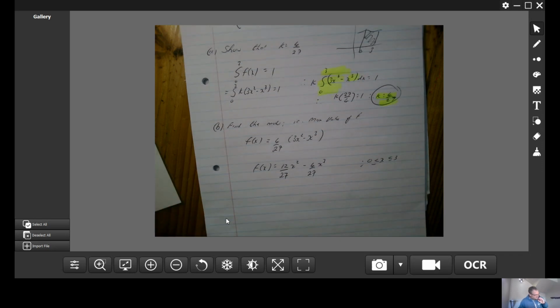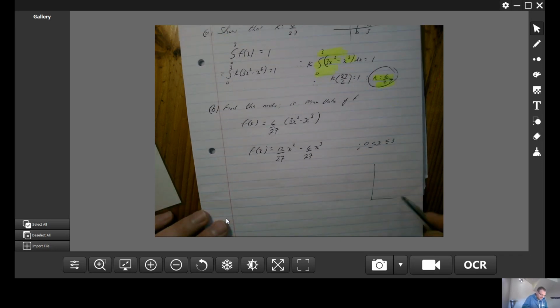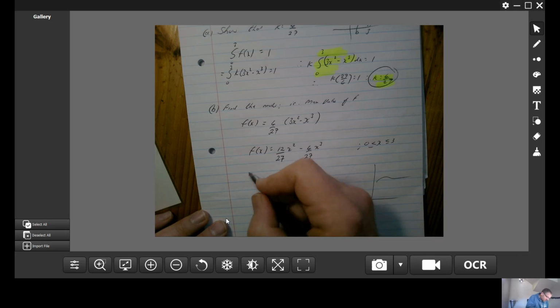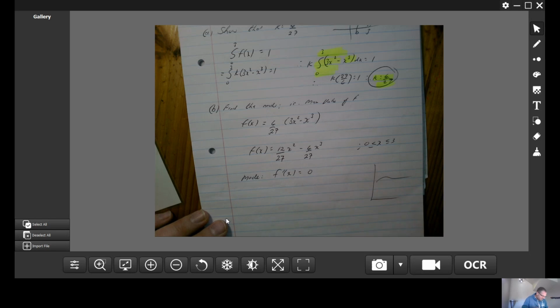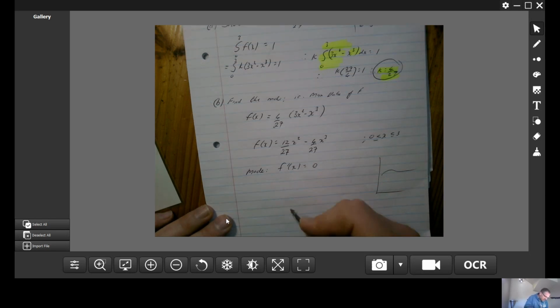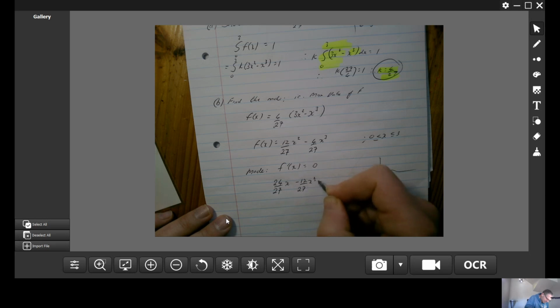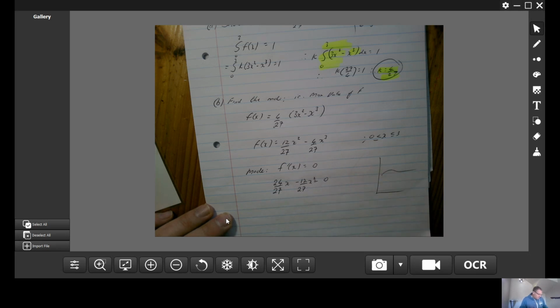Now the mode is where the maximum value occurs, so I need to find where the derivative is equal to 0. The mode will be where f dashed of x is equal to 0, in other words where 24 over 27 x minus 12 over 27 x squared is equal to 0.